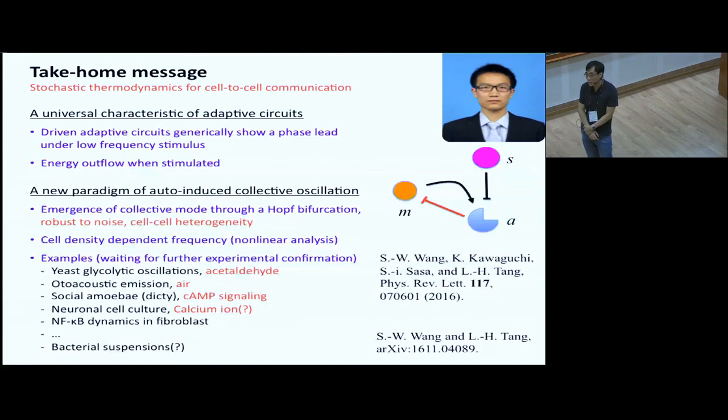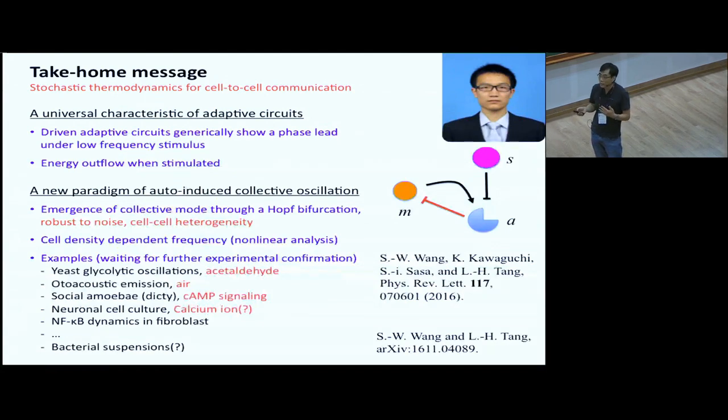That's connected to your second point. Of course, the cell dissipates energy in many different ways. Here we are looking at a particular channel where the energy flows out of the cell. Normally this should not be the major dissipation channel for the cell, but it's enough to explain, because for something to oscillate, it has to be driven.